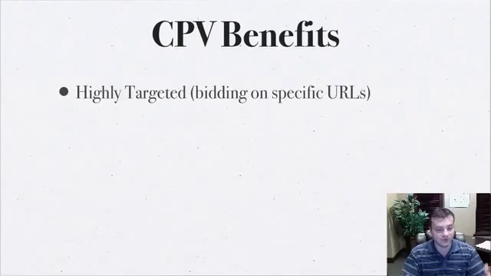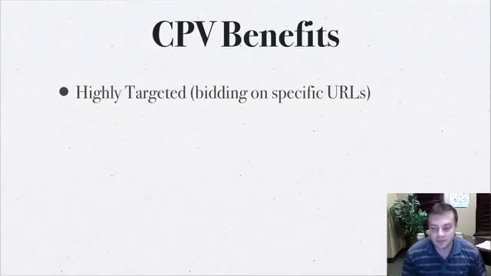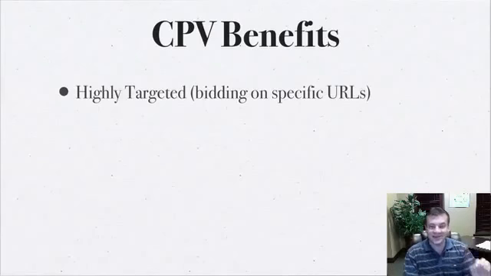If you were promoting something for iPhone 5, I'm just drawing a blank right now, but you only wanted to target specific visitors for iPhone 5, you can pick out specific links that are laser targeted to what you need, and you can bid on those links.